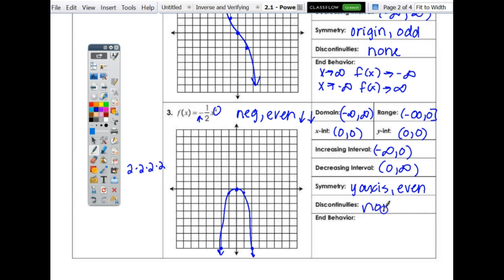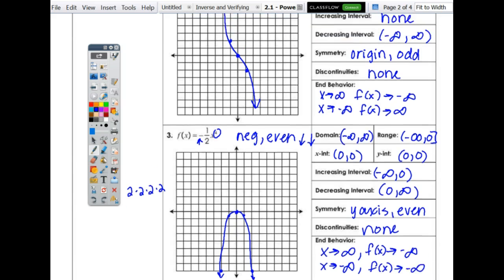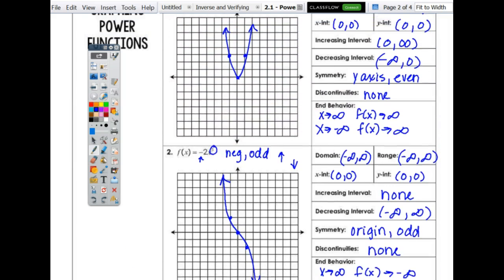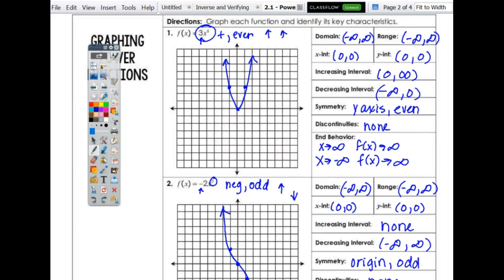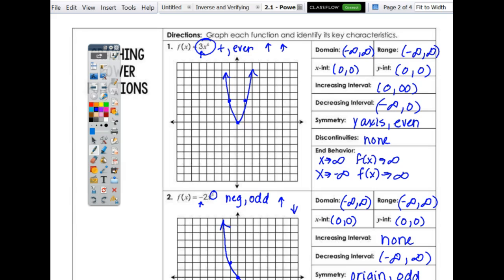There's no discontinuities. As x approaches infinity, my y's approach negative infinity. As x approaches negative infinity, my y's approach negative infinity. And y'all, this range was not infinity to infinity.